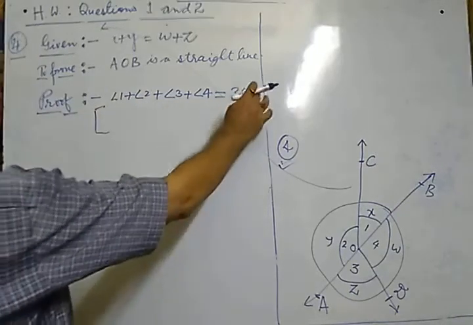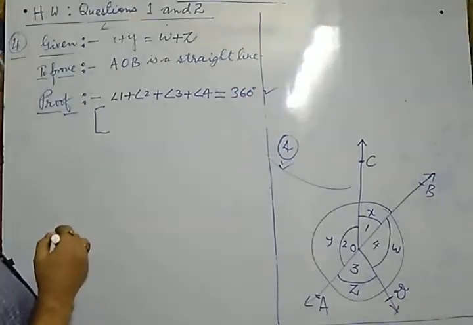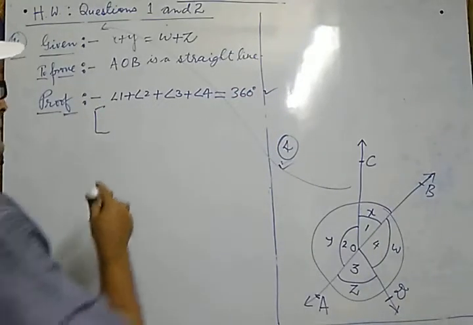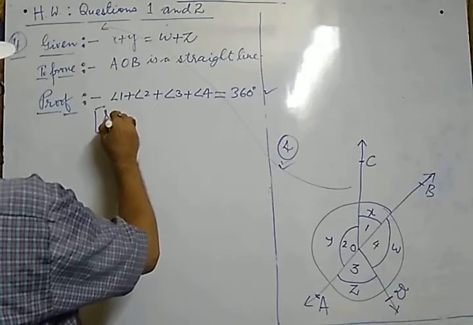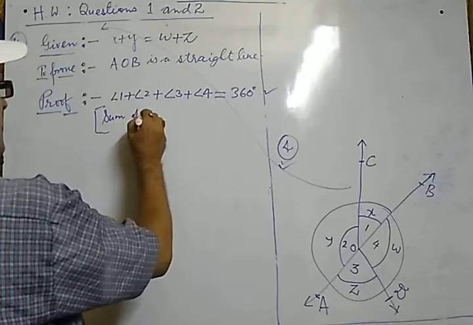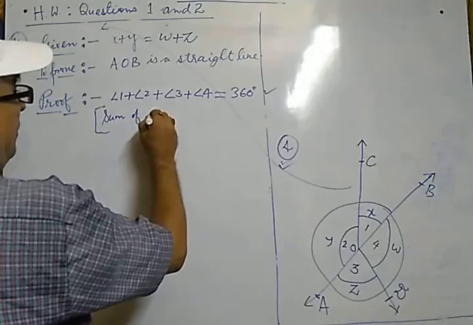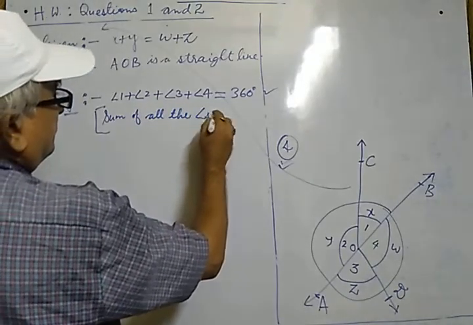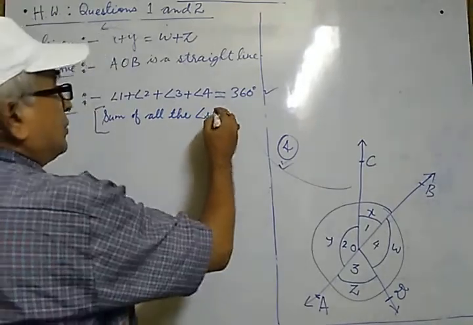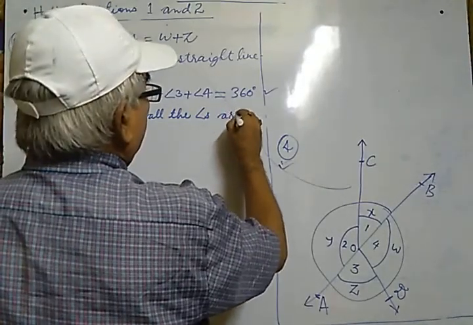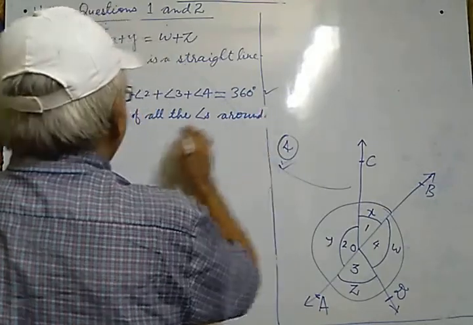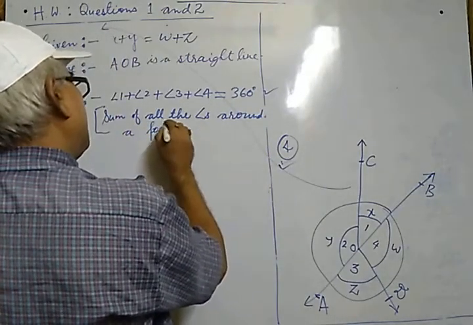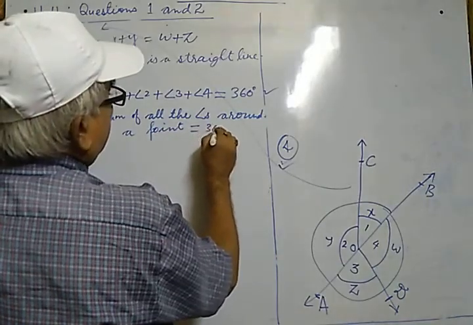The reason will be noted down either here, or if space is not there, just below. And what reason is there? Sum of all the angles around a point is equal to 360 degrees.